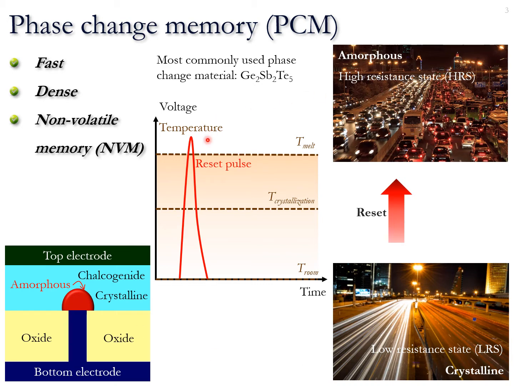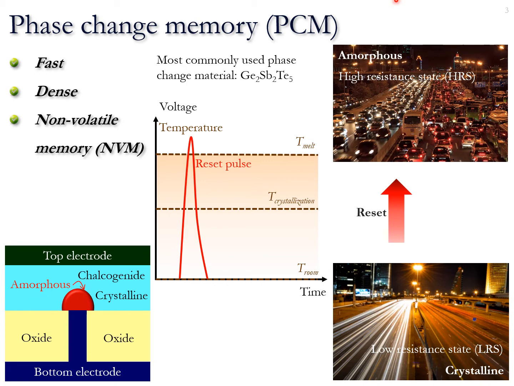And then we also end this pulse with a very sharp fall time. During this sharp fall time, the molten material is cooled down, or quenched, abruptly. So this leaves a disordered state in this smaller active region of the material, and that disordered state is known as the amorphous phase.